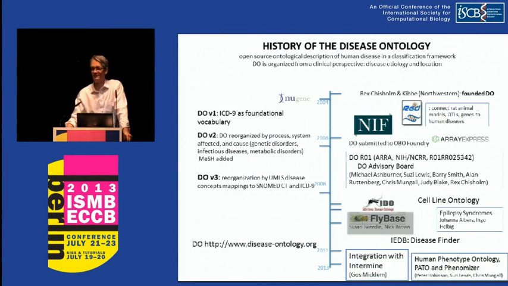The third time, finally we got it more or less right, and we actually used UMLS concepts, organized them into a rational framework for disease, and I think we now have something that is much more sensible and computationally tractable. And along the way, as you can see on the right-hand side, we've picked up many, many great partners out in the community.